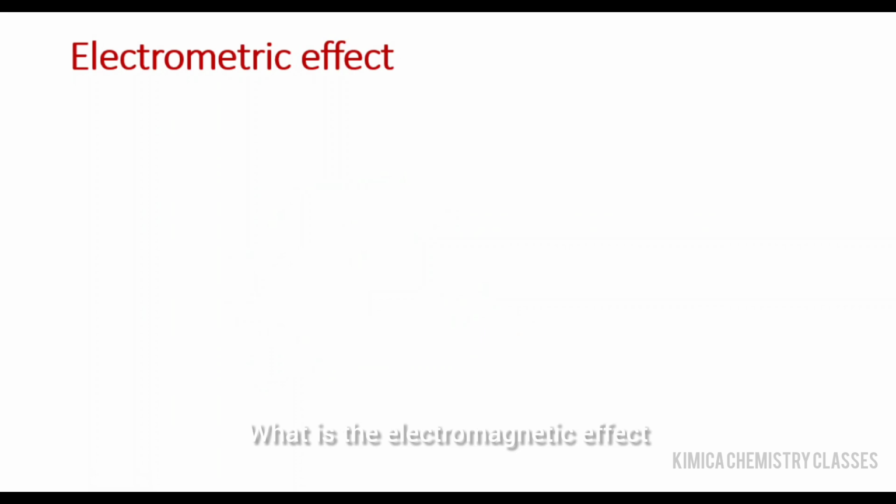What is electromeric effect? As from the name, it is going to be clear. This is very easy, and this is the same as other effects. Like the inductive effect, the electromeric effect is a temporary effect. As I told you in my previous video, the electromeric effect is a temporary effect operating in unsaturated compounds only at the demand of a nearby attacking reagent.